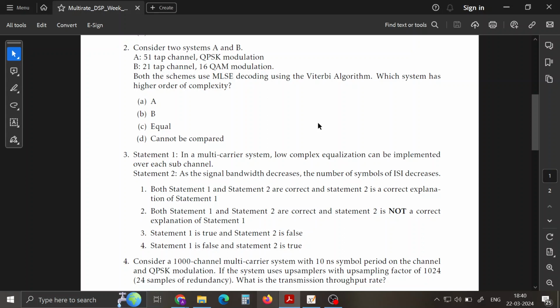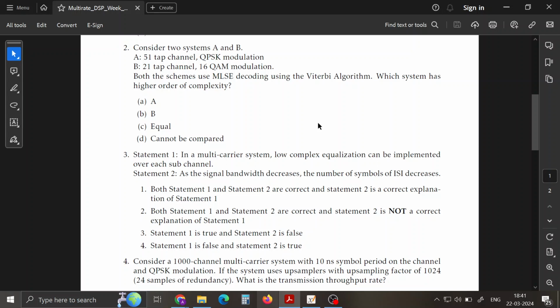So let's look at the first statement. Statement 1 tells us that in a multi-carrier system, low complexity equalization can be implemented over each subchannel. It turns out to be true, because that's how we minimize the order of complexity of the equalizer, and that's the concept we looked into when we were discussing OFDM.